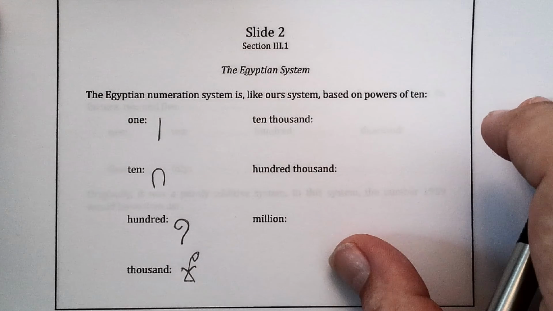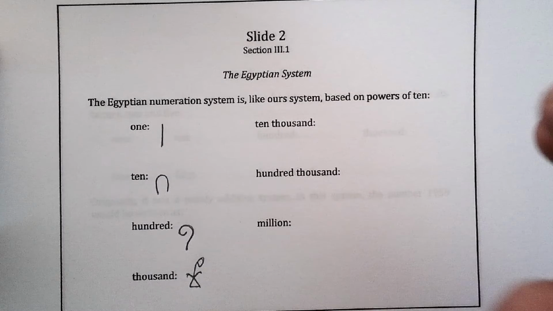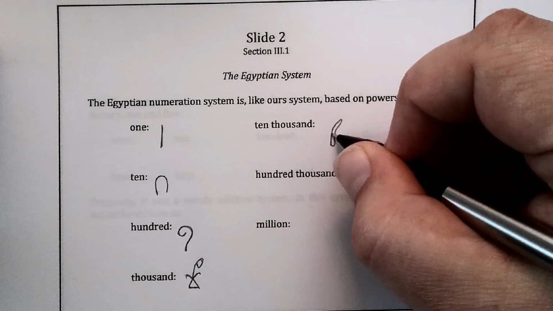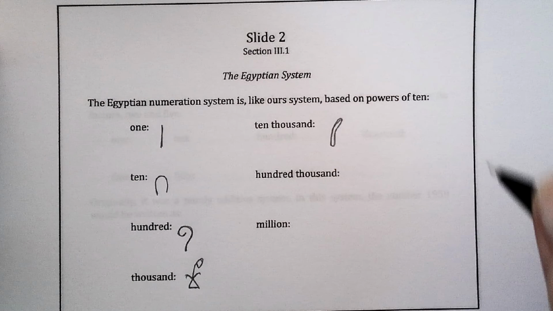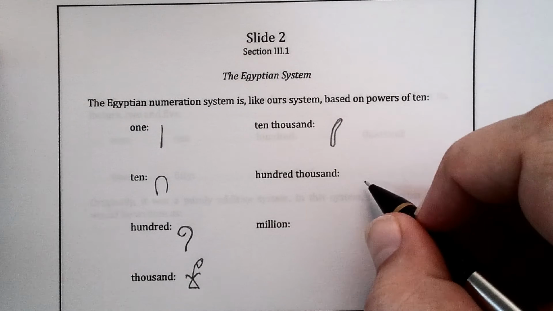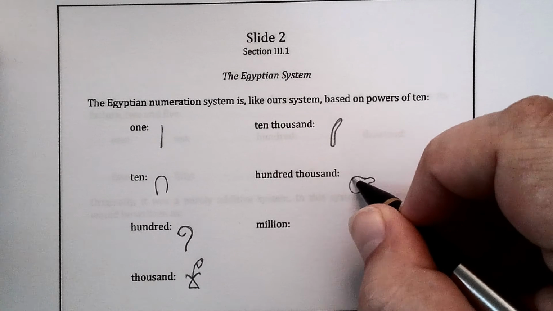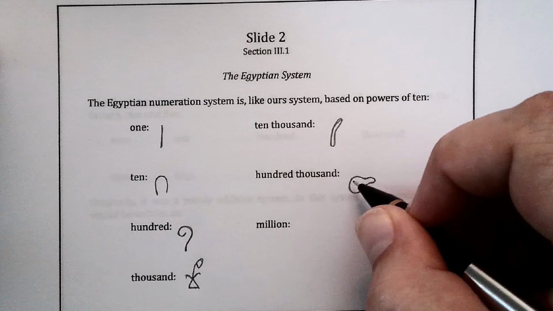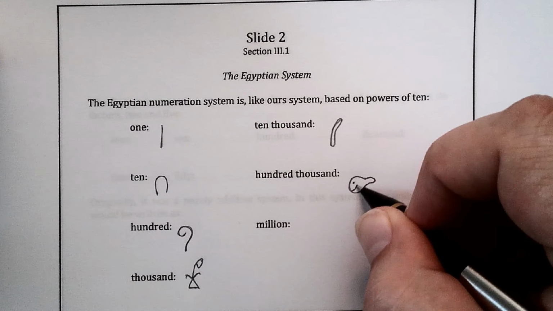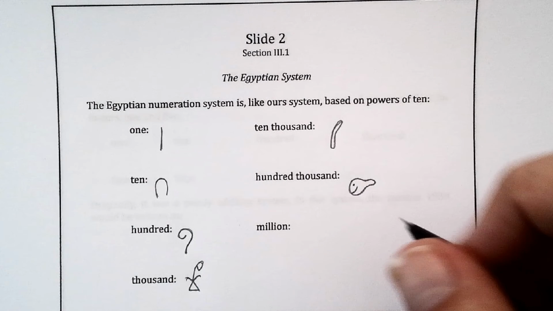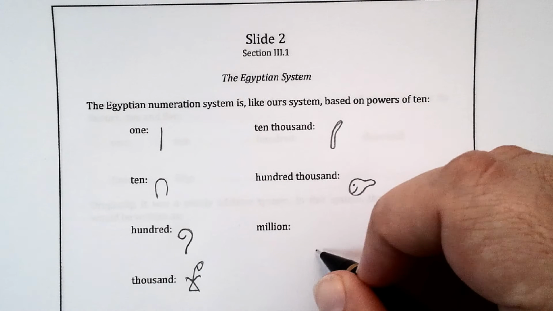The 10,000 is represented by a pointing finger. 100,000 is represented by a fish with a smiley face. And a million is represented by what the book calls an amazed person.